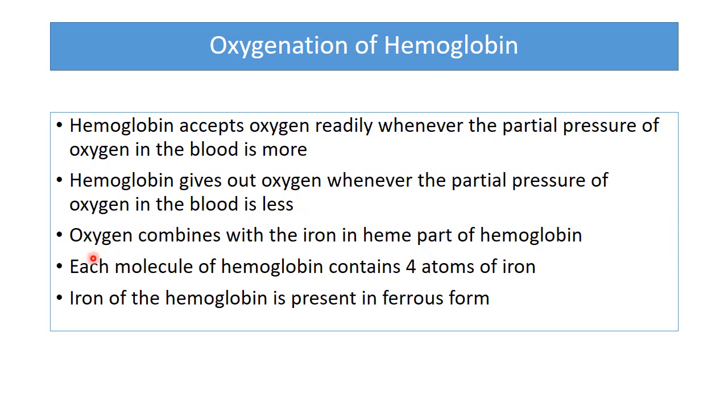During oxygenation, oxygen combines with the iron in the heme part of hemoglobin, and each molecule of hemoglobin contains 4 atoms of iron, and this iron present in hemoglobin is in ferrous form.